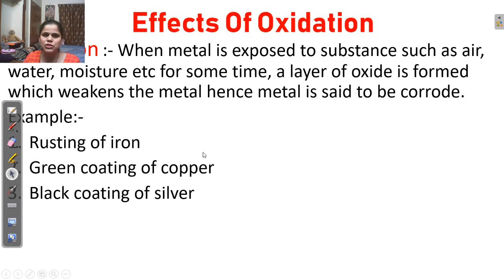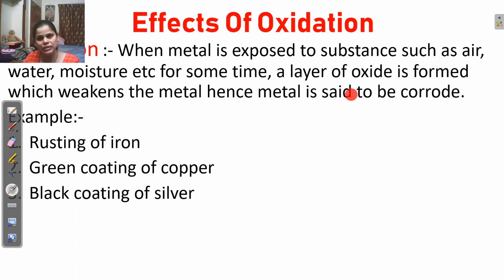Now our next topic is effects of the oxidation. What are the effects of the oxidation? The first effect is the corrosion. When the metal is exposed to a substance such as air, water or moisture for a long time, a layer of oxide is formed, which weakens the metal.